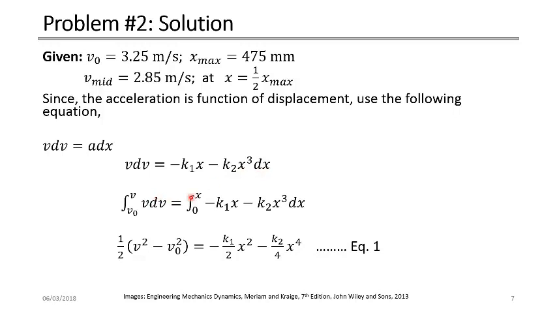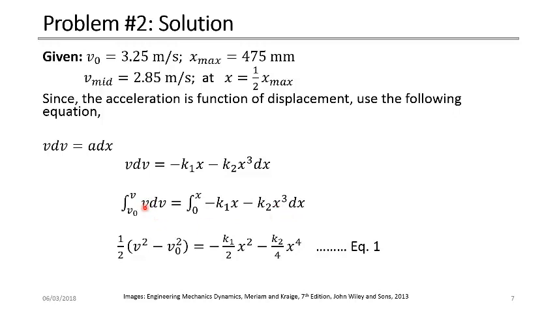So we can integrate the left and the right hand sides here, and because we are given the initial velocity, it's from v0 to v, and the undeformed shape at the beginning is x0 equals 0, to any value x of this acceleration that is given as a function of displacement.